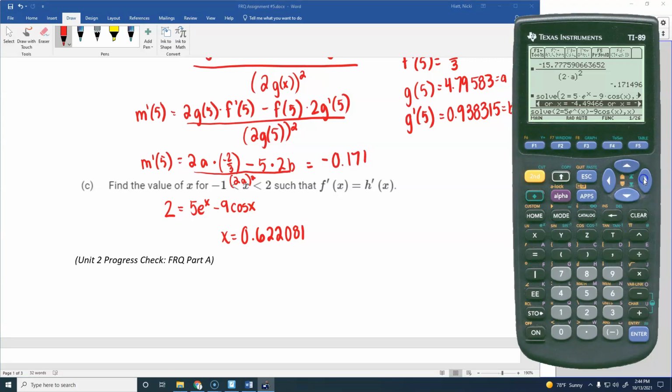I don't think any of the rest of them are. If you didn't hit the green button before you hit enter, you might get something that looks way worse than this. Does it still say busy? There's only one answer. And you could round that off to 0.622, or you can just leave it like I've got here.